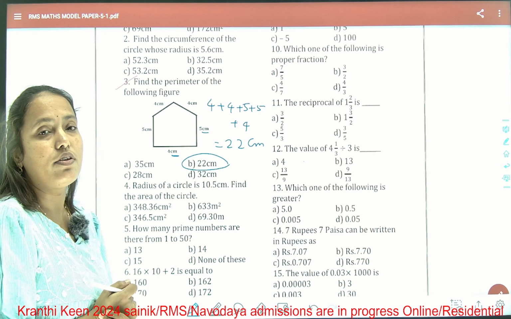Actually, they train like that in the classroom. The area of the triangle is half into B into H. They have to know what B is for and what H is for: B for base, H for height. Here half into base into height is the answer. We need to know the formulas thoroughly; it is also very important.